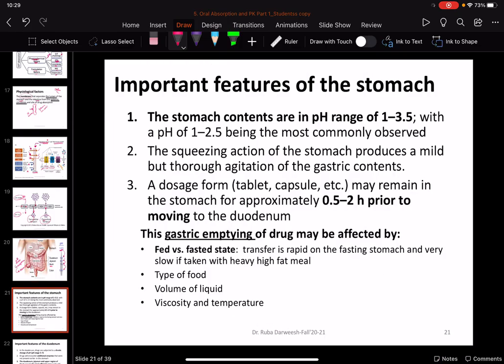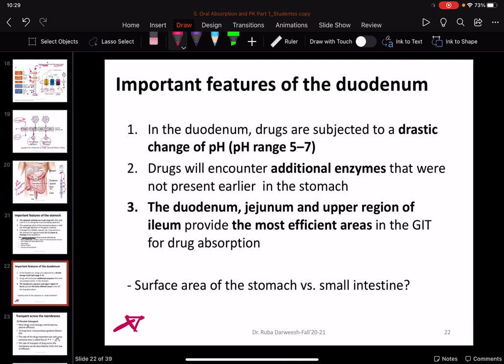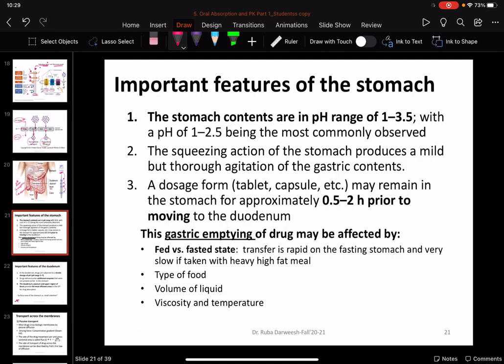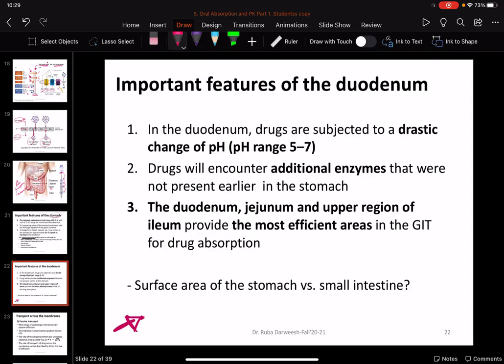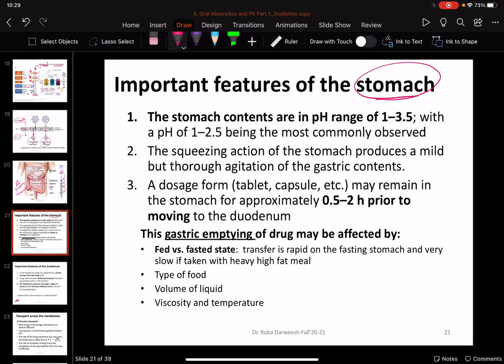Okay. And in those two slides, you know that according to whether we are talking about the stomach or small intestine, the absorption would be different, whether it's related to the pH or to the movement of the stomach or the small intestine.